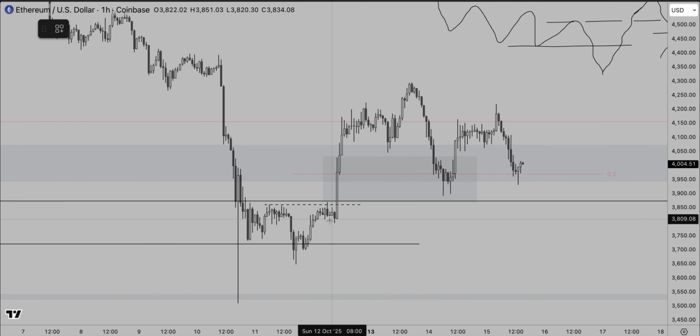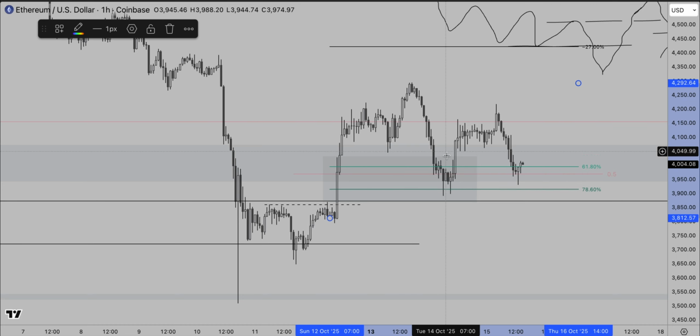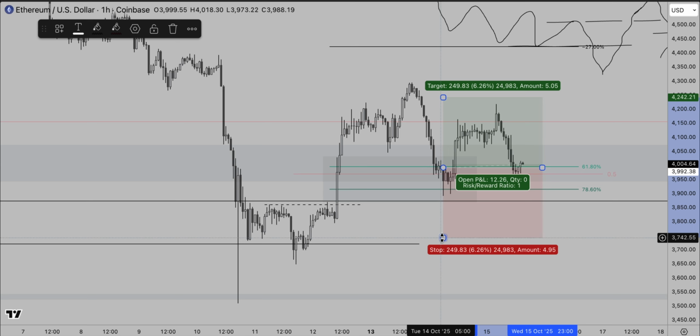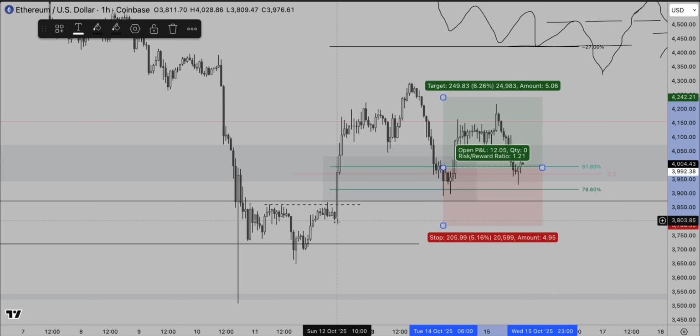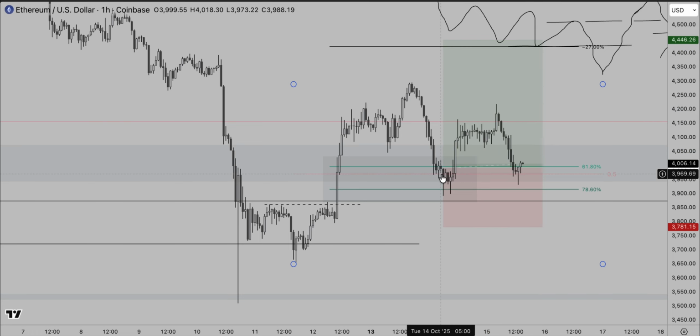So we have this swing point down here to this swing point down here. So I'm going to mark that on from here to here. Price came down into this region and I took my entry. So my entry was down here and I had a slightly wider stop loss just below this area down here, and I got triggered in.